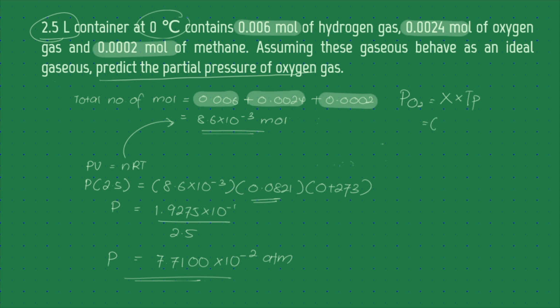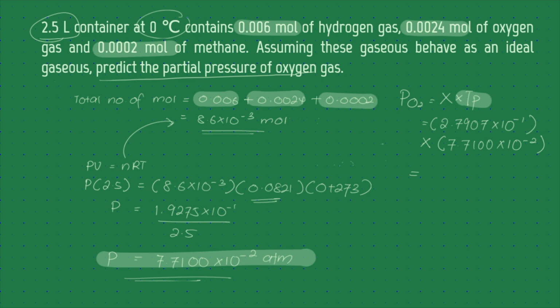The mole fraction that you got for oxygen gas is 2.7907 times 10 to the power of negative 1, and your total pressure is the one we have just calculated, so you need to multiply by 7.7100 times 10 to the power of negative 2. Therefore, the partial pressure for oxygen gas is 2.1516 times 10 to the power of negative 2 atm. So this is the final answer for the sixth question.